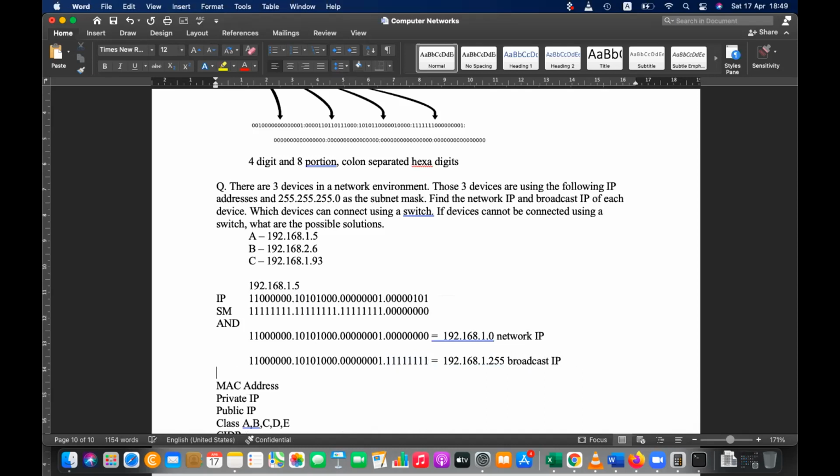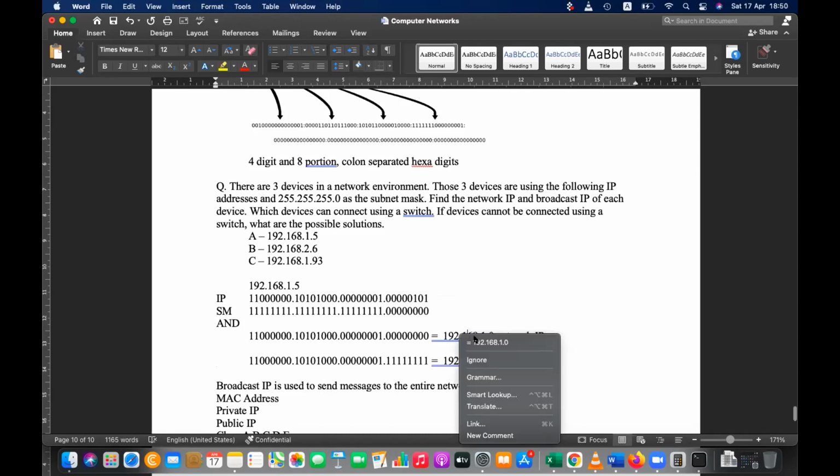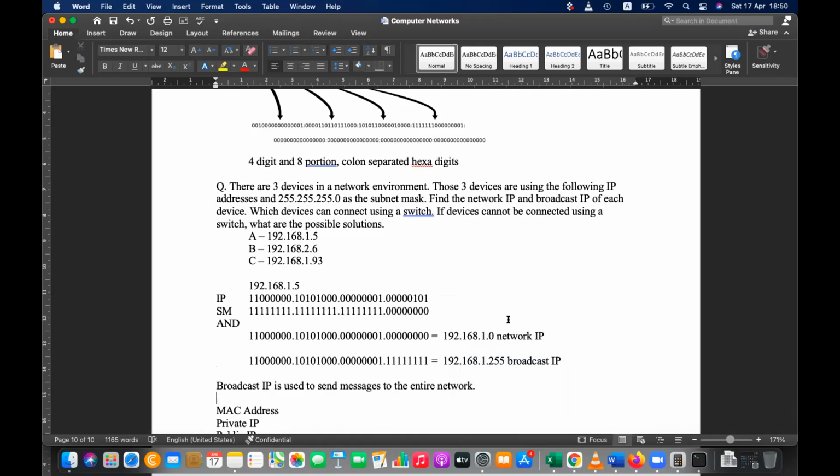The broadcast IP is used to send messages to the entire network, to all the machines. If you send to 192.168.1.255, it will be sent to all the devices. That is why it's the broadcast IP. And the network IP is the unique identifier of the network.